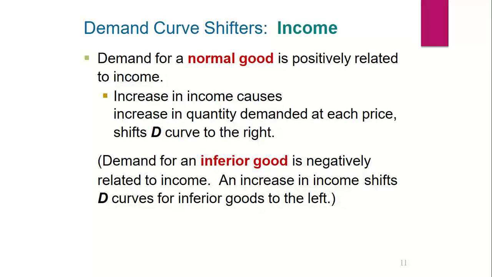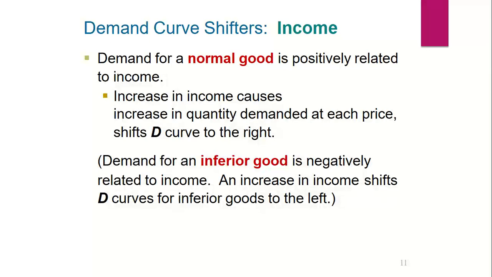Demand for an inferior good is negatively related to income. An increase in income shifts the demand curve for inferior goods to the left. So as you earn more money, this is a good that you want less of. Example is a bus ride.